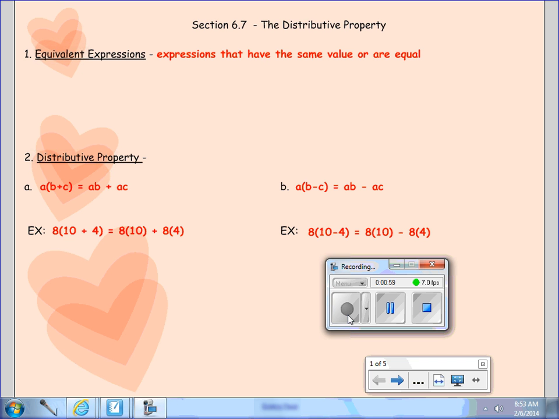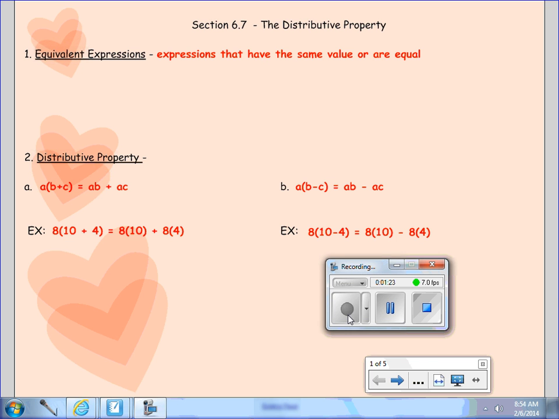In 2b, you can use the distributive property for subtraction. Again, the a is being distributed to everything on the inside of the parentheses. So a(b - c) is equal to ab - ac.